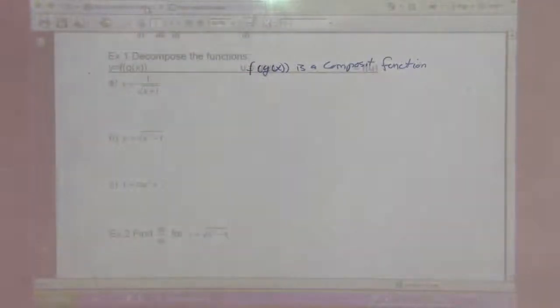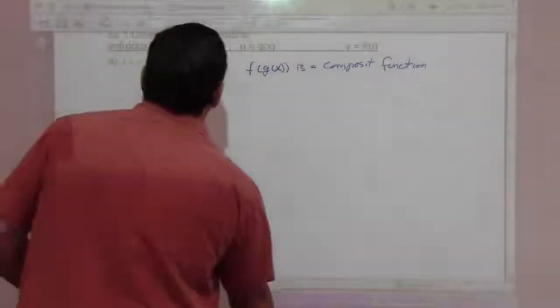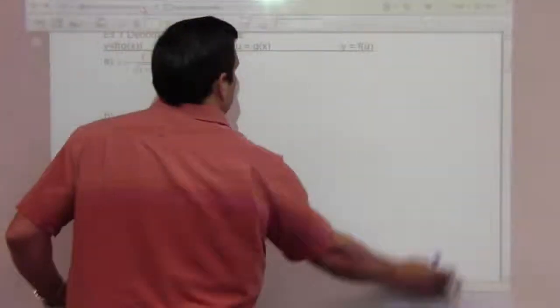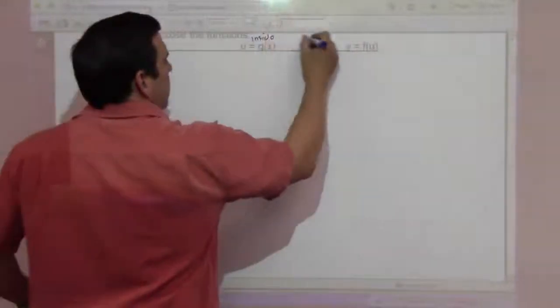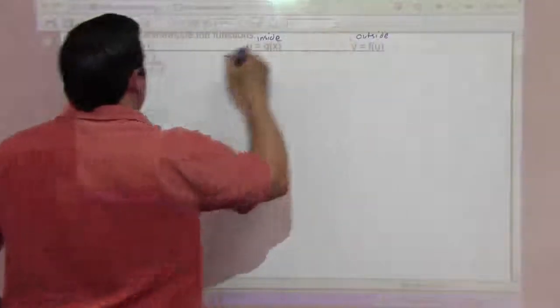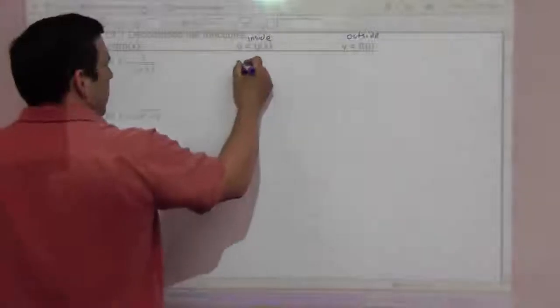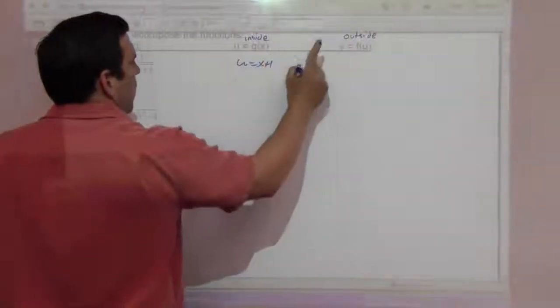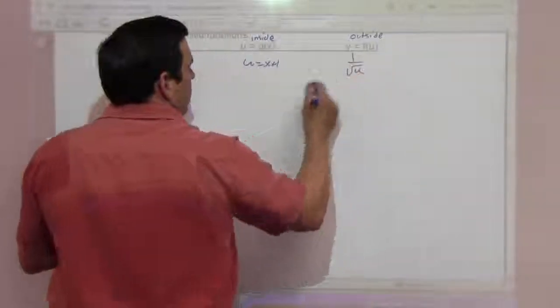So we're going to spend one example here, breaking them up into our inside function and outside function. If we have y equals 1 over the square root of x plus 1, the inside function is going to be u equals x plus 1, whereas the outside function is going to be 1 over the square root of u.